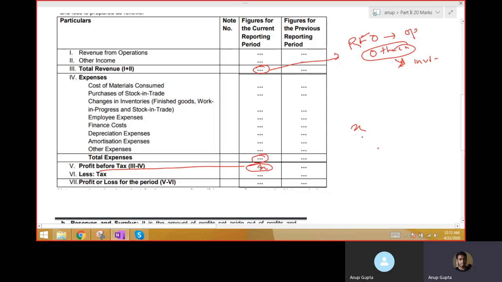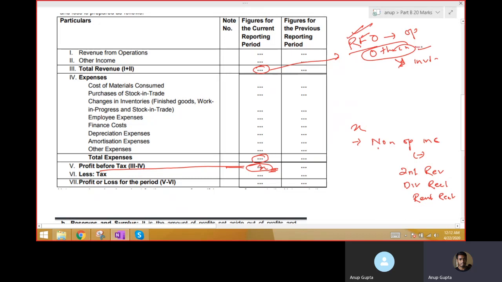That means from this X, I have to less the non-operating income. Non-operating income you'll subtract, like interest received, dividend received, rent received. Sir, why? Again, I'm telling you, we are finding cash flow from operating activity, and we started with net profit before tax, and this net profit included revenue from operation, which is fine, which is operating.